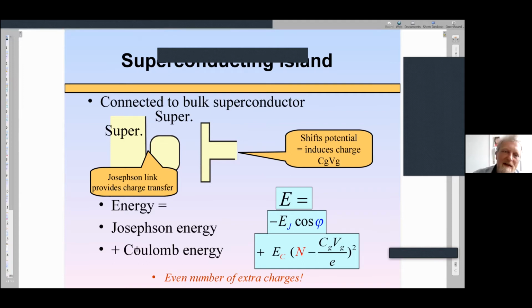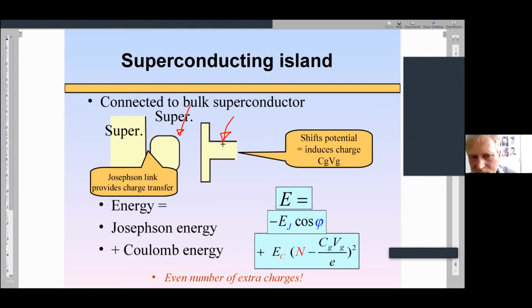It is a setup which was just made superconducting. Superconductivity is not important for the gate electrode, of course, because there is no electric connection, but both the main electrode and the island became superconducting.